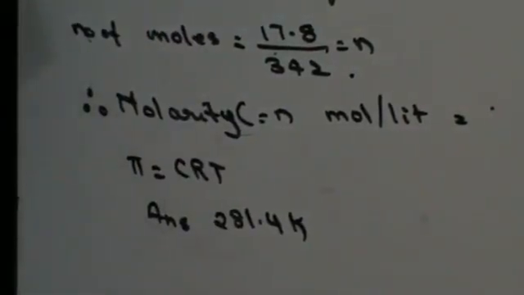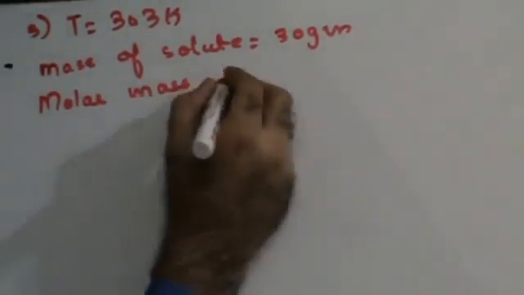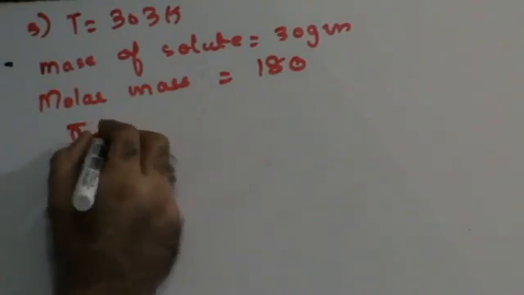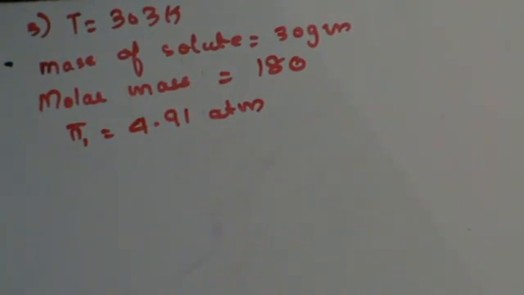Okay, now next sum please. At 303 Kelvin, 30 grams of glucose having a molar mass of 180 has an osmotic pressure of 4.91 atmosphere.